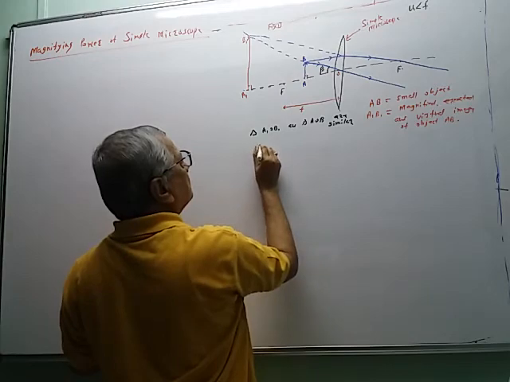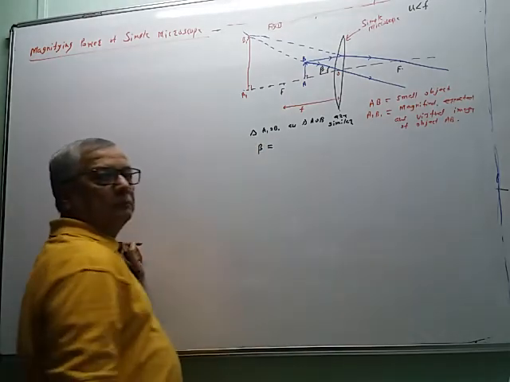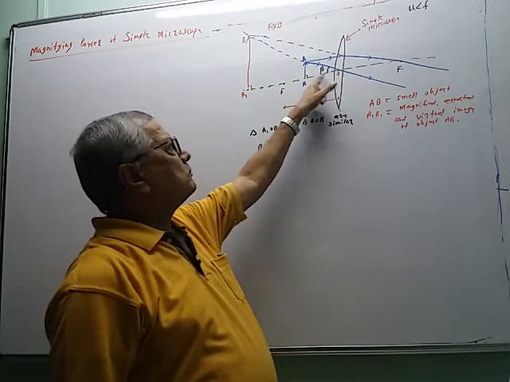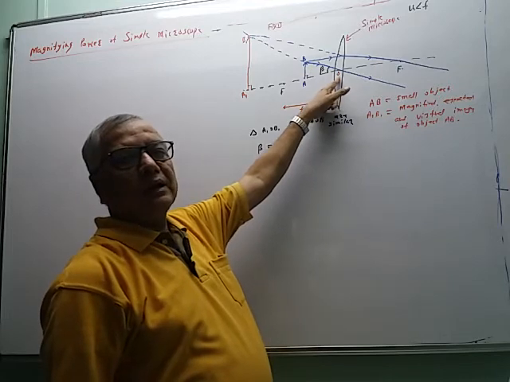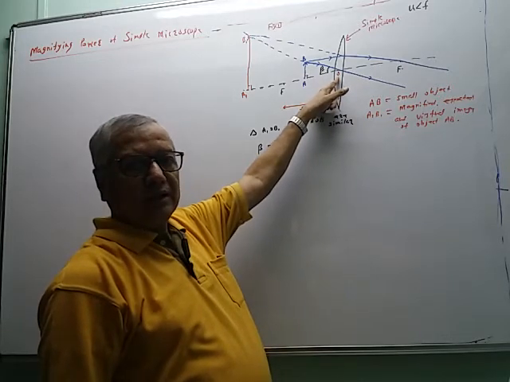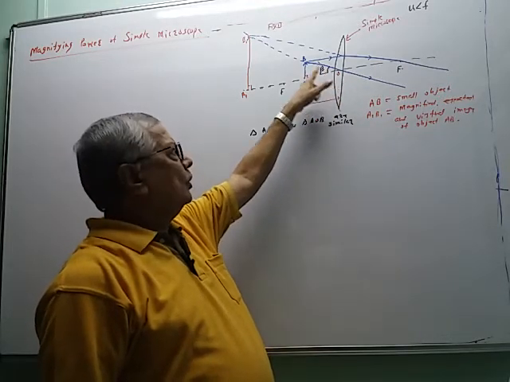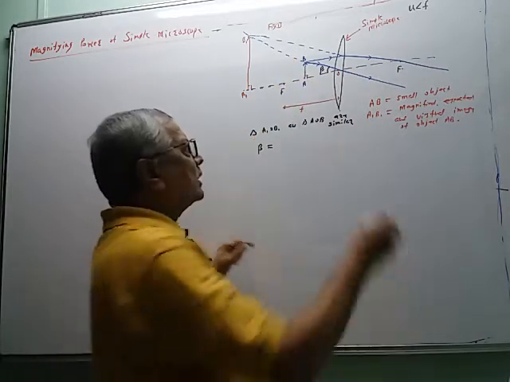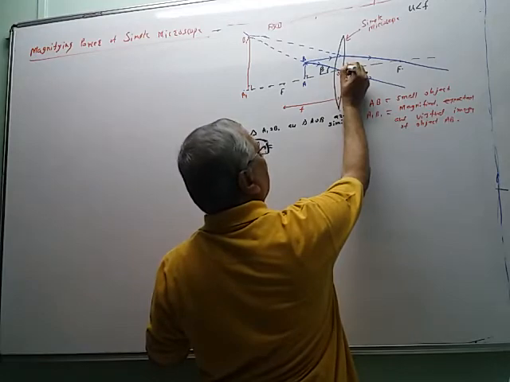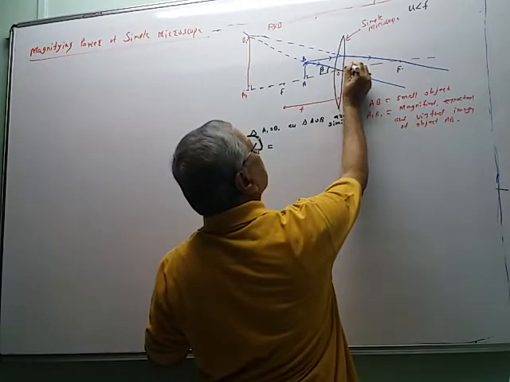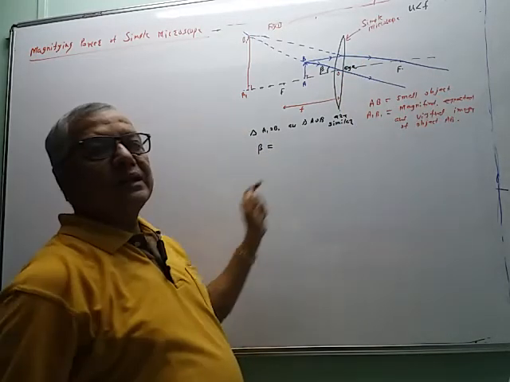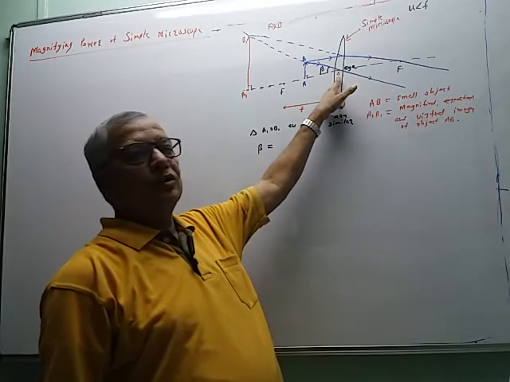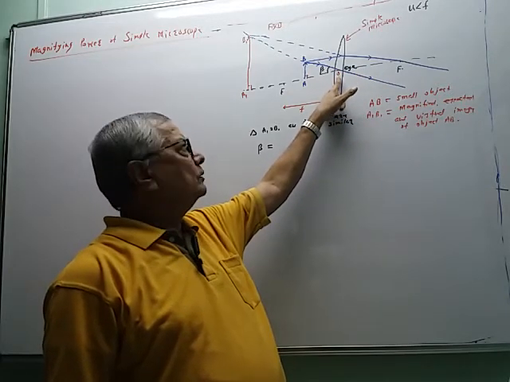Beta has two meanings. It is the angle subtended by the object at the optic center. Now, to observe this tiny object, we are keeping our eye very close to the lens.